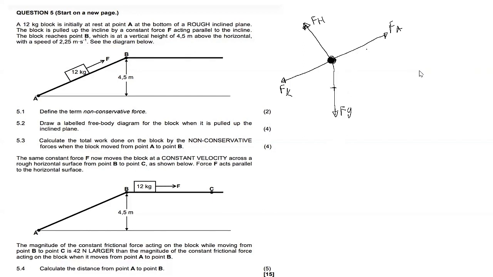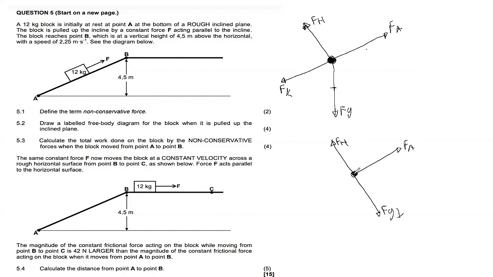Or if you choose to draw the one that is resolved, so you resolve the components of weight, then you have the normal force here, and then straight in line, you have the FG perpendicular. Then up the slope, you will have your applied force.